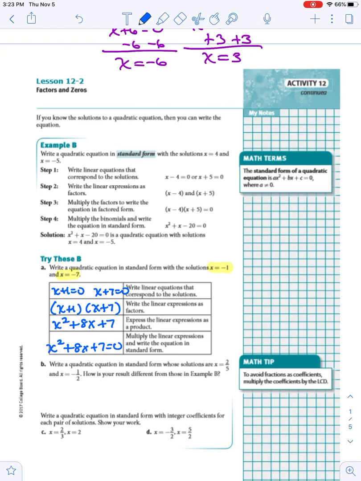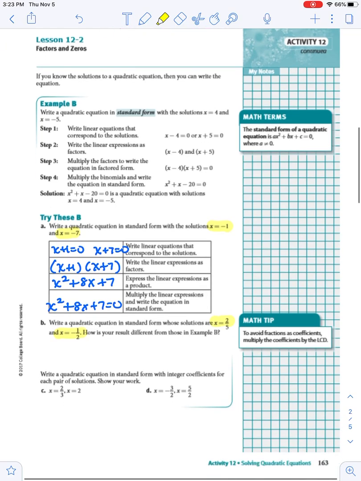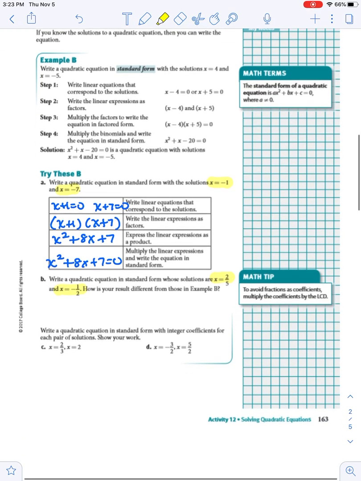In the next part, we get a little bit harder problem because our solutions are actually fractions. If our roots or our zeros are x equals 2/5 and x equals -1/2, when we write our equations, they are definitely going to look a little bit different.